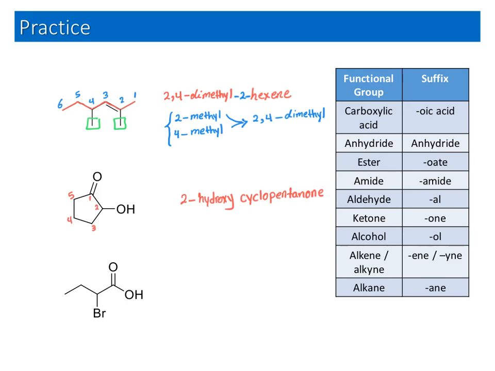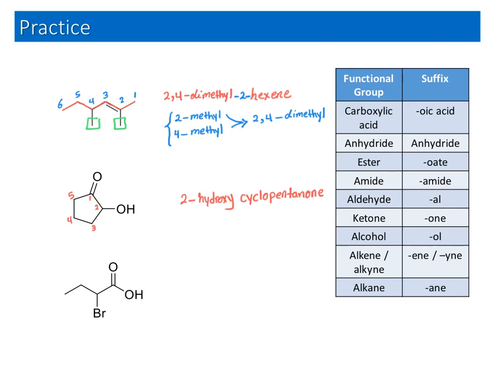Now for the third structure, again, we need to identify the functional groups. So I can recognize an alkyl halide and an acid. So obviously, looking at the table, carboxylic acid is the first priority. Therefore, my parent chain should get the suffix "oic acid". And the parent chain is the longest chain possible. So this is 1, 2, 3, 4. So it has 4 carbons.